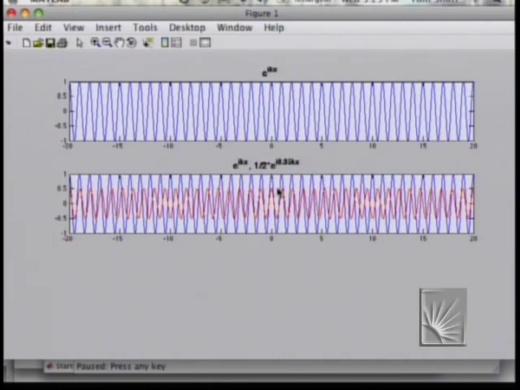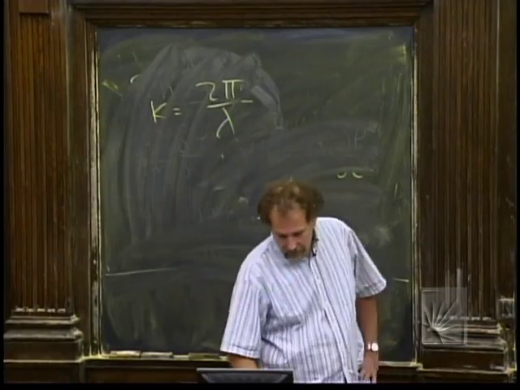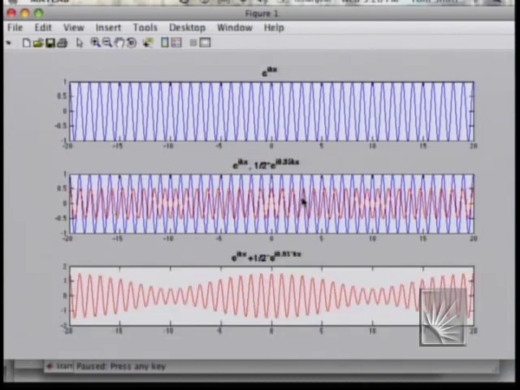So if I make k smaller, I'm making lambda, the wavelength, bigger. So the wavelength's a little stretched out. Here I add the two of them. It's a little more like it. This wave here is no longer just infinite in space. Well, it is actually infinite in space, but at least it's got some features to it.